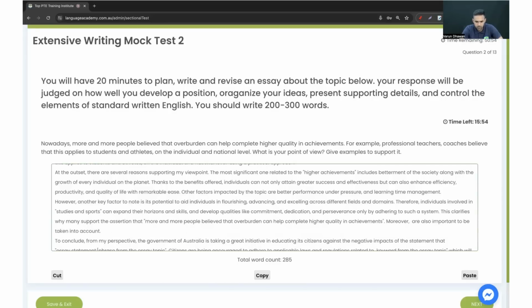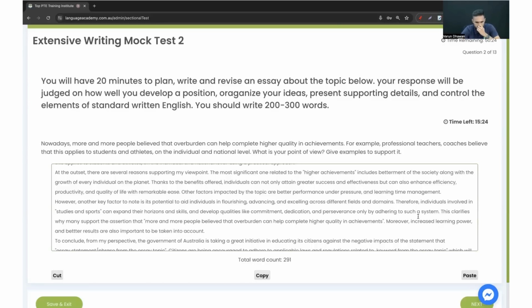Two to three keywords, at least two. What else we can write? We can write, but moreover, increased learning power, and what else can we write? Better results maybe are also important.